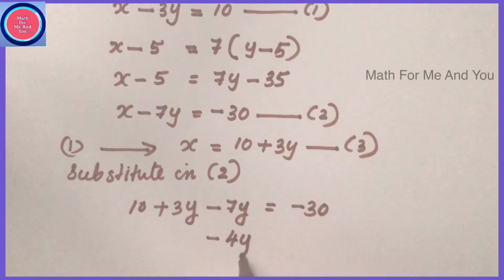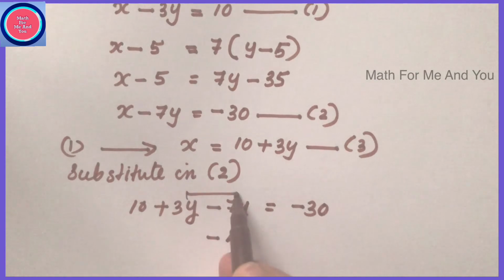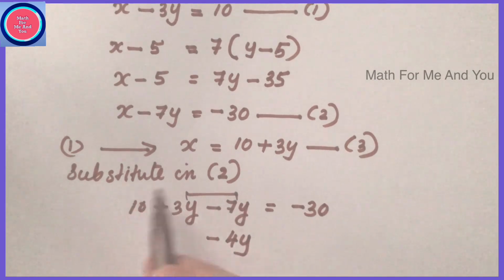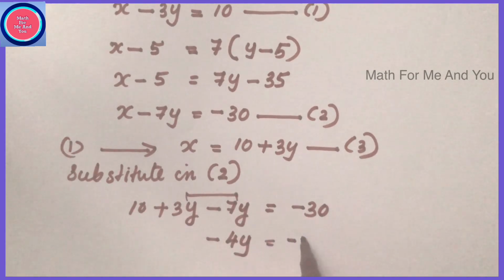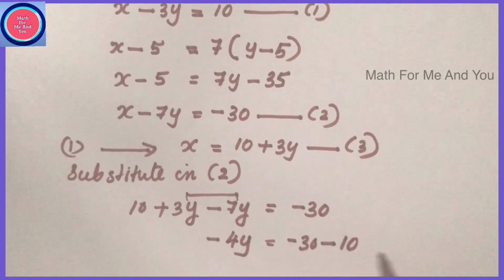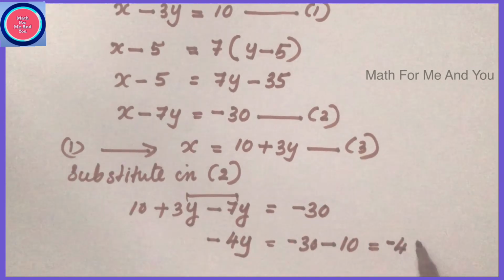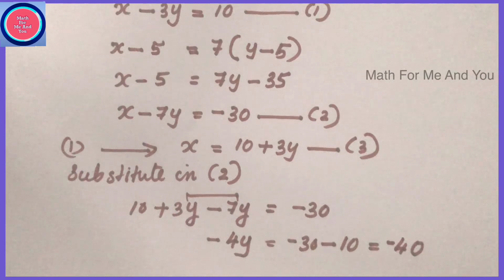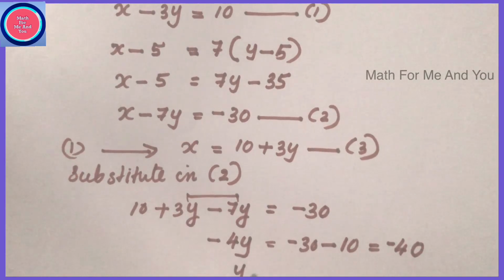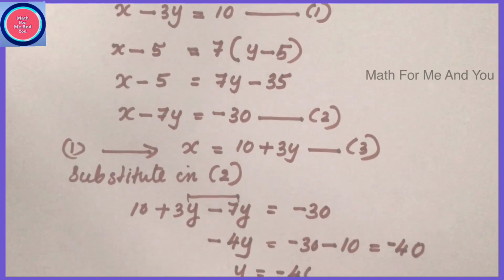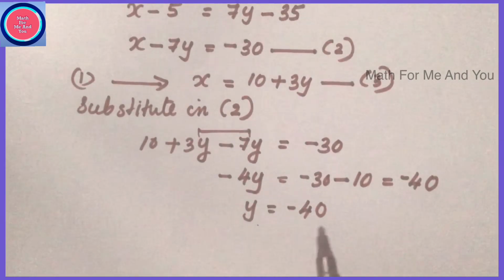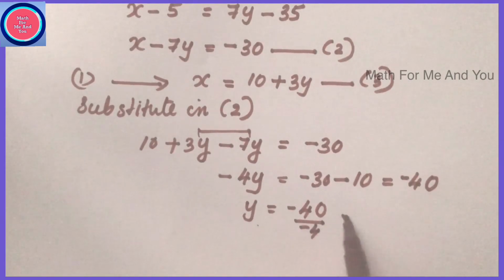It is 3y minus 7y is minus 4y. Then we can keep the numbers in one side. Plus 10 going to the other side as minus 10. Minus 30 minus 10 is minus 40. Minus 4y equals minus 40. Then y is equal to minus 40 over minus 4. Minus minus become positive, and y we get as the number 10.